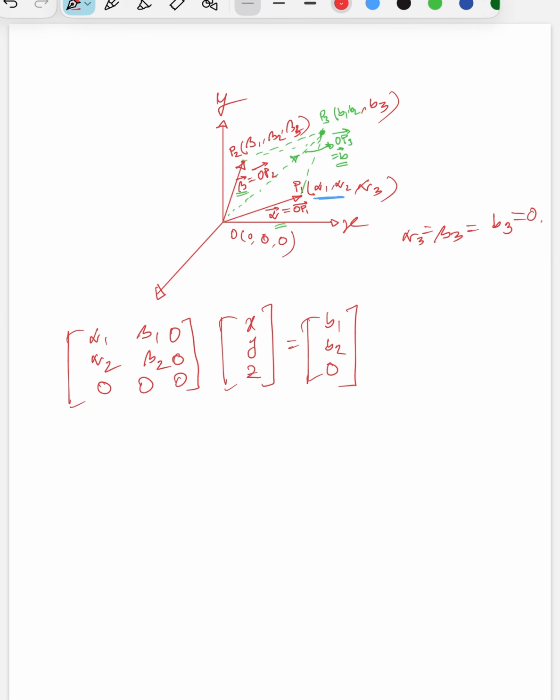So it's a 3 by 3 matrix. So we can write it this way.